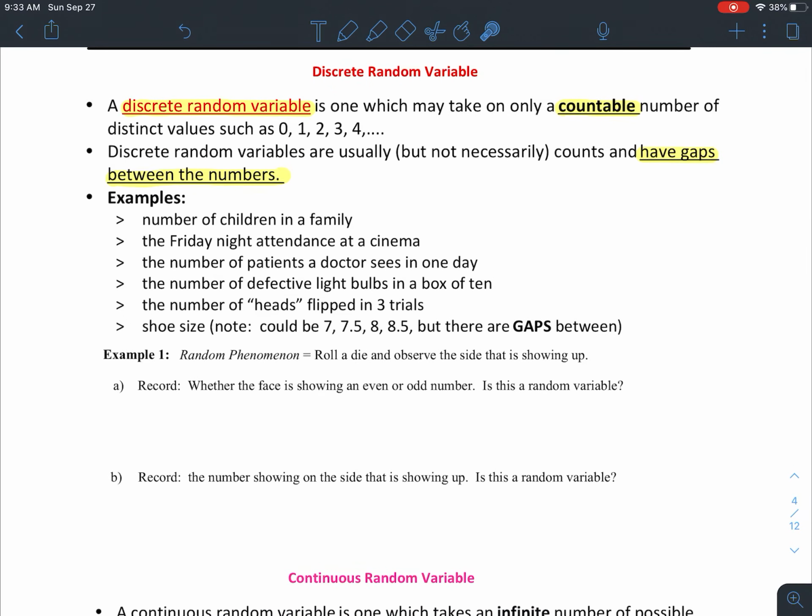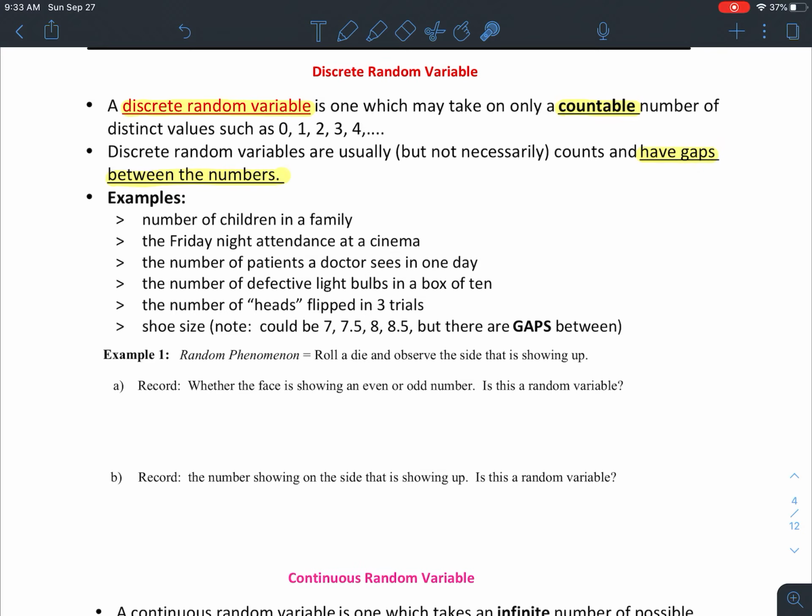Typically, a discrete random variable is something where there can be gaps in between the numbers. So here's some examples. The number of children in a family. There could be 2 children, there could be 3 children, there could be 4 children. There are obviously gaps in between 2 and 3, like all of the decimals and fractions in between there are gaps, okay?